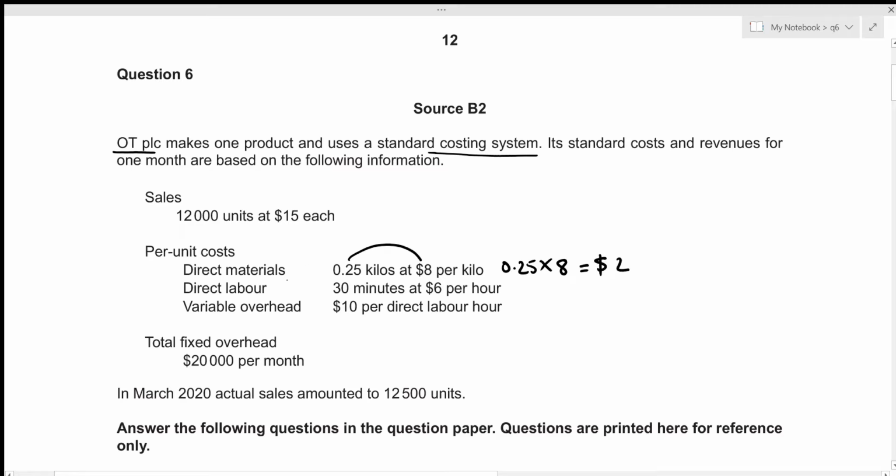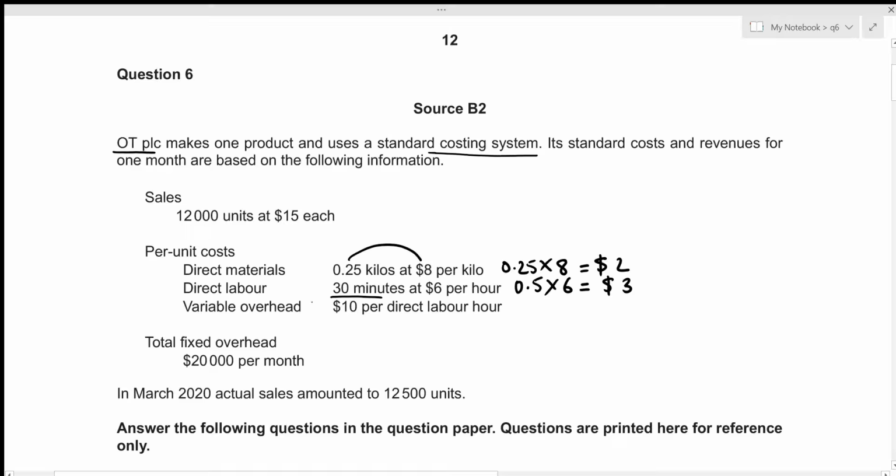Similarly, we're given the direct labor, and each unit would require the direct labor of 30 minutes, and the rate per hour is 6. And let's convert these 30 minutes into hours, so that's just going to be half an hour, right? So 0.5 times the rate of 6, which gives the direct labor per unit to be 3. And we have variable overhead, which is $10 per direct labor hour.